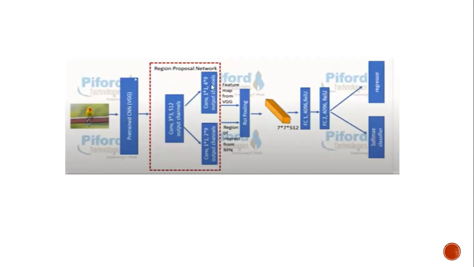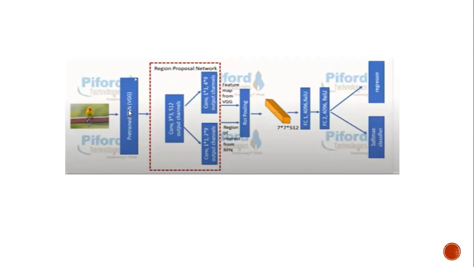The 4 multiplied by 9 and 2 multiplied by 9 represent the anchor boxes. I already told you the remaining. If an object is present in the image, that is called foreground; if there is no object, that is called background. And if objects are available, they should be determined and marked by the anchor boxes only.